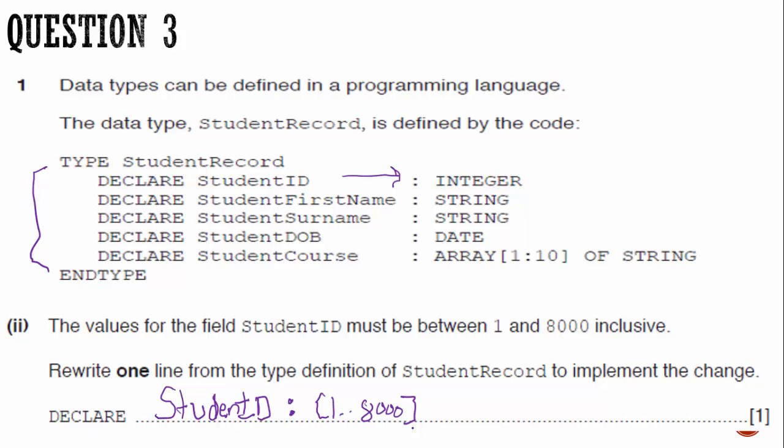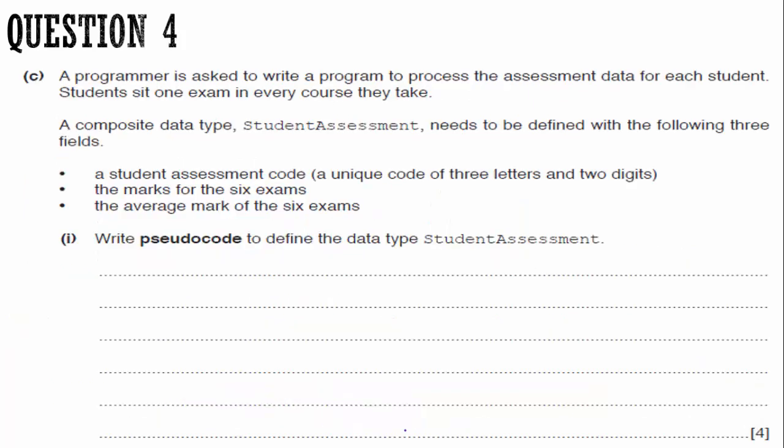Actually, this should be parentheses. Let me fix this because this is not an array. My handwriting's so sloppy, I thought I wrote an open bracket, but I didn't. So 1 to 8,000. The reason we can have a list is because we're dealing with 1 to 8,000. So if I'm dealing with student ID number 57, I know exactly who that is, which is also the 57th spot in my list. Let's move on and take a look at the next question, number 4.